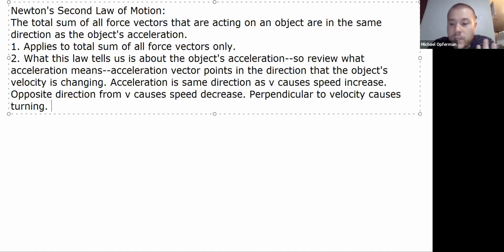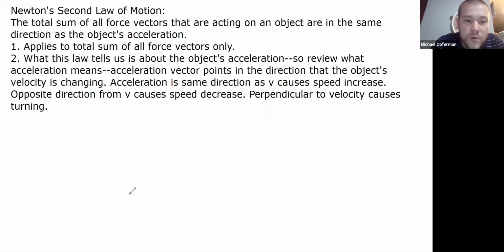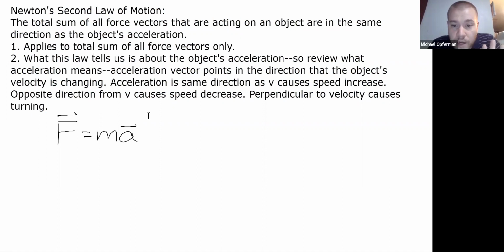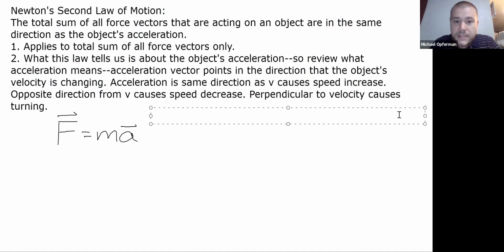All right, now, what's the actual equation? Well, the simplest way to state it, and the way people normally write it, the way I like to write it, is F vector equals, that's the force, equals M, that's the object's mass, times A, that's the acceleration. One thing I want to really draw attention to here, because this is the most common mistake that people make. I already said it a couple times, but I'm going to say it again.